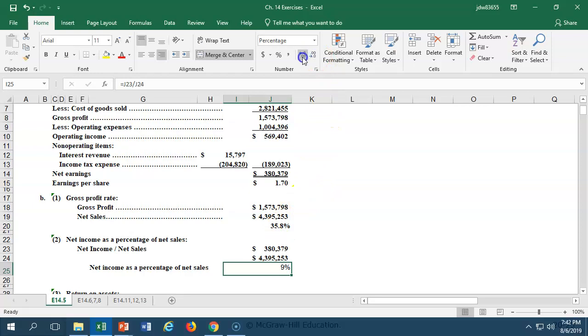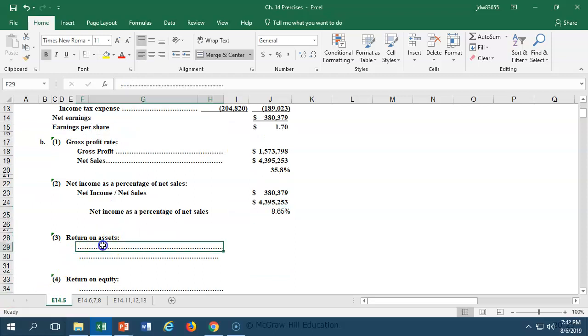Okay, 8.65, round up to 8.7%. Return on assets, next one. You take the operating income, 569, and divide that by the average total assets.